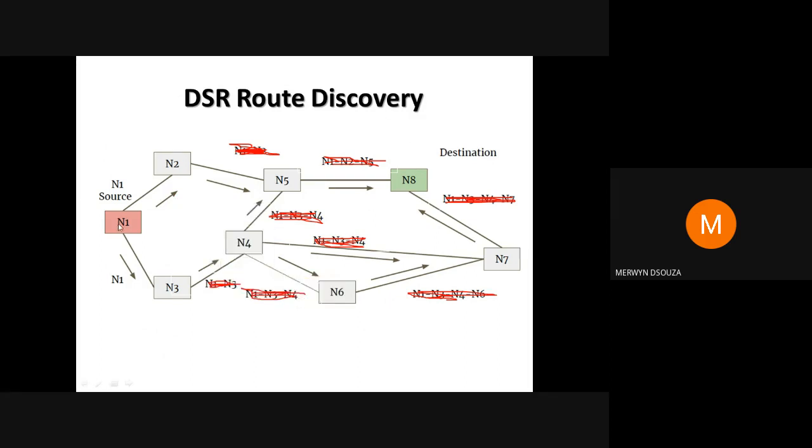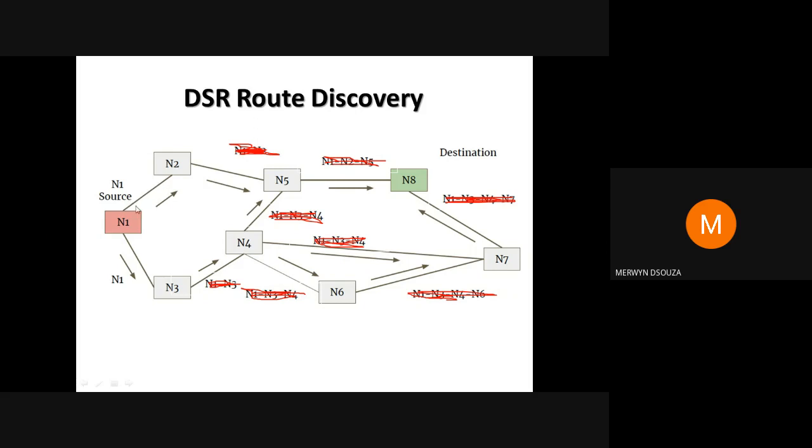Now N1 has a packet to be sent to N8. It could not find any entry for the destination N8 in its routing table. Therefore, it has initiated the DSR route discovery. In that it is sending a route request packet.